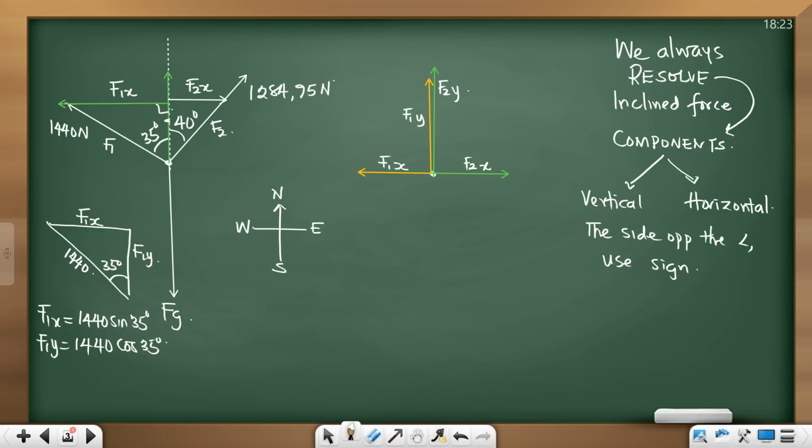So F2X becomes sine, because it's the opposite one. So what do we have? F2X would be 1284,95 sine 40. What about F2Y? 1284,95 cos 40. Obviously, I do have my weight.